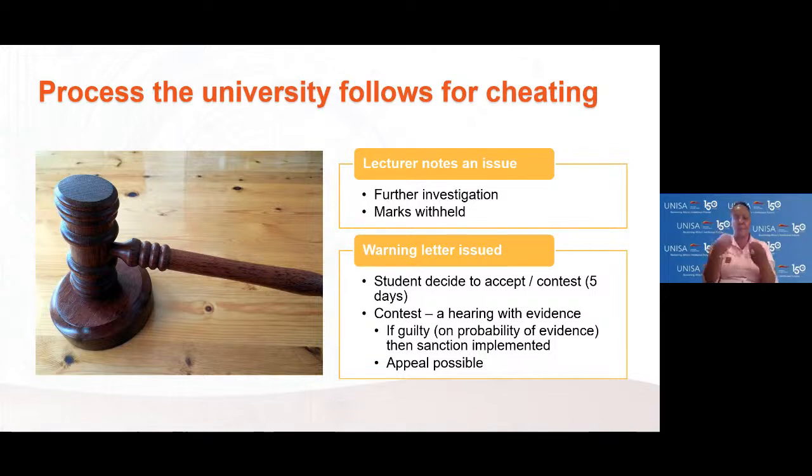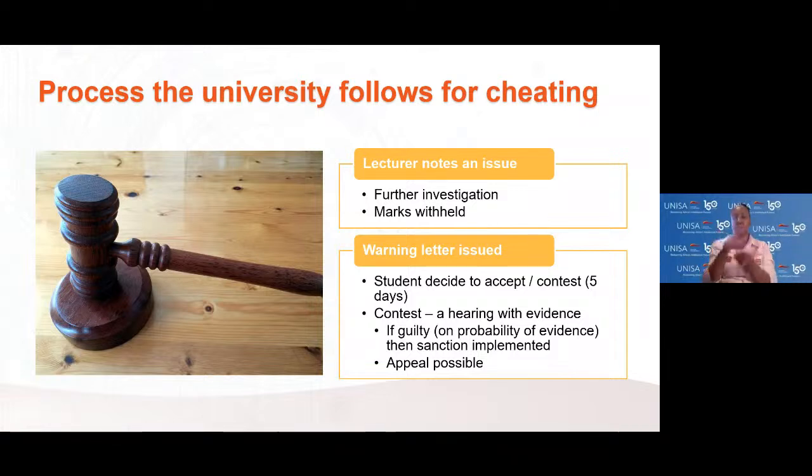So that's just going to let you know we're busy investigating. When the lecturer has everything that they need, then you'll be issued with a warning letter. And at this point, you can either accept the warning or you can contest it. If you do decide to contest it, a formal hearing is set up, and this will look at all the evidence and determine whether academic dishonesty has taken place. If you are found guilty, that's when those sanctions are put in place.